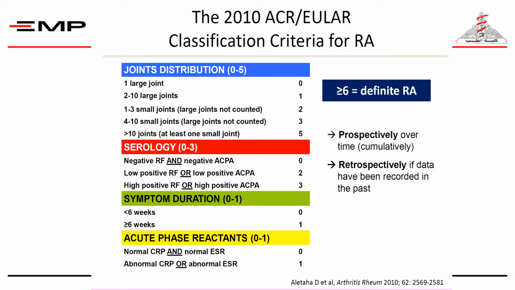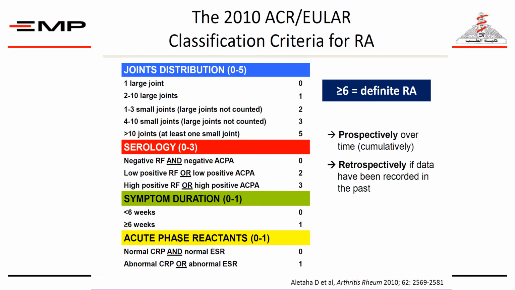This is 2010 ACR EULAR classification criteria for rheumatoid arthritis. It is the latest classification we are using nowadays. It is composed of 4 domains. The first domain related to joint distribution takes from 0 to 5 marks, and the serology from 0 to 3 marks, symptom duration from 0 to 1, and also acute phase reactants from 0 to 1.